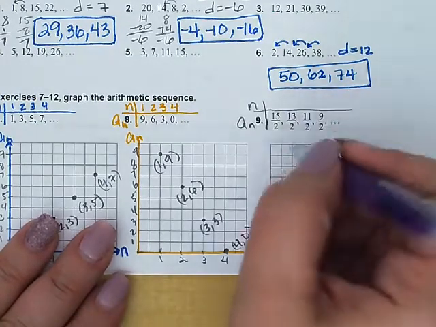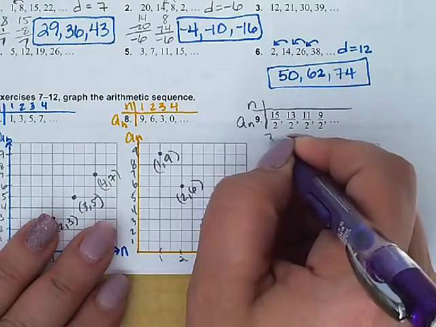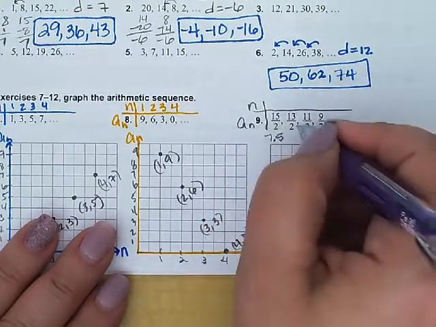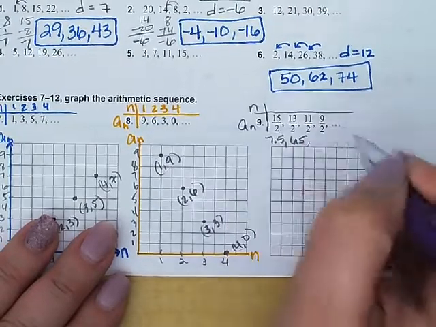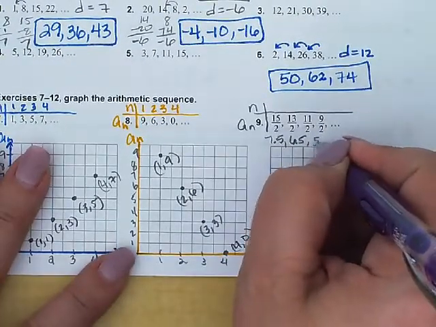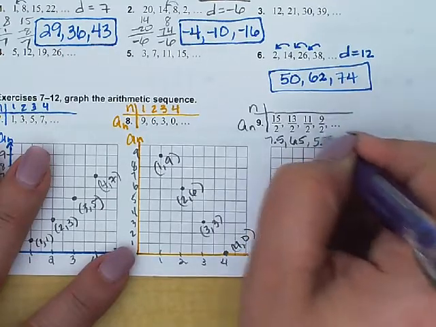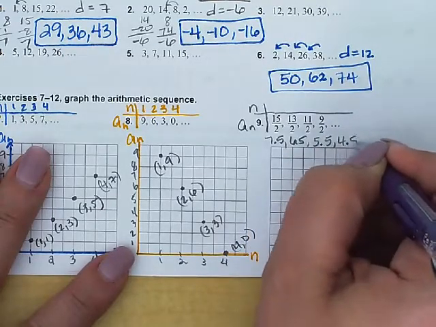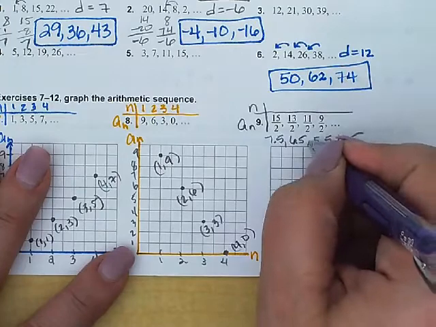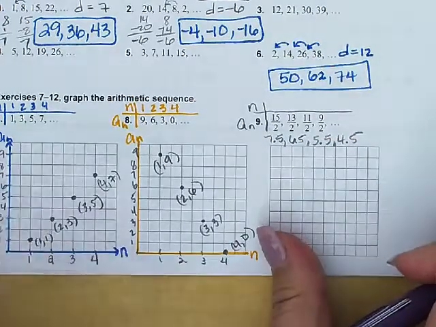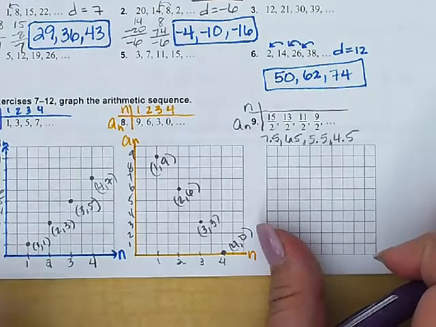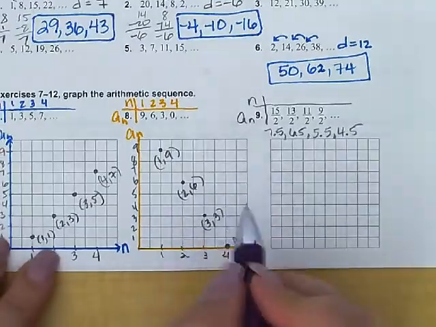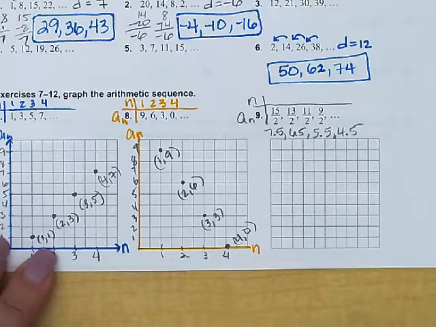So if you want to say, I know that 15 divided by 2 is really 7.5, that 13 divided by 2 is really 6.5, that 11 divided by 2 is really 5.5, that 9 divided by 2 is really 4.5, you can see that this is very harmless, right? And then you could just graph it the same way. So you can do that one for practice. Go ahead and try it and then press play and check your work.